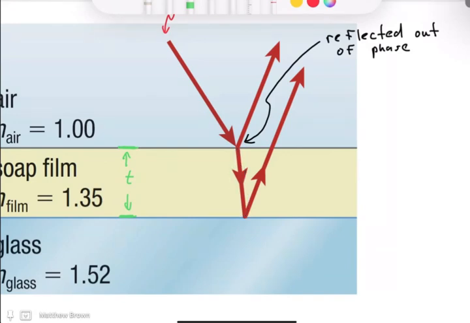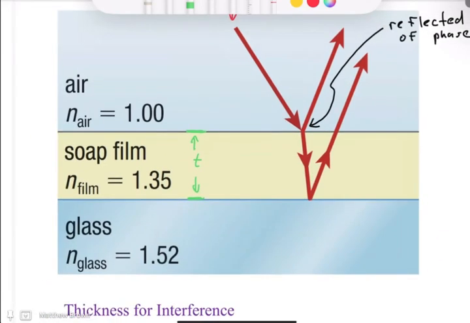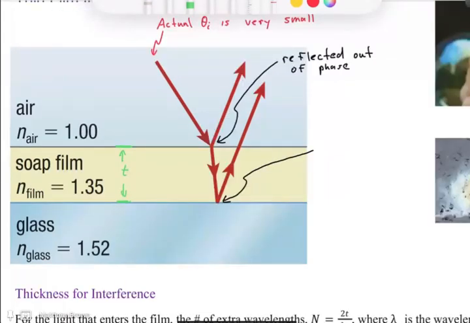In our example here, yes, there would be some that would get refracted from the soap into the glass, but we're ignoring that because it doesn't matter. What we're really interested in is what happens here, and this is actually the same thing. We're looking at something that's going to get reflected. It's trying to go from soap to glass, so this is going to get reflected out of phase as well.